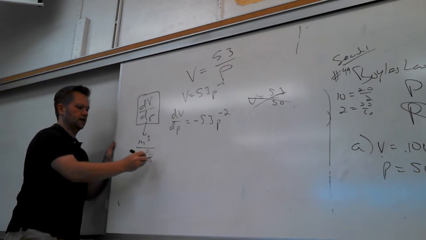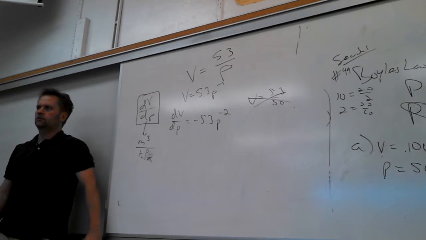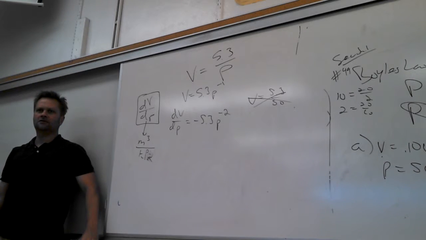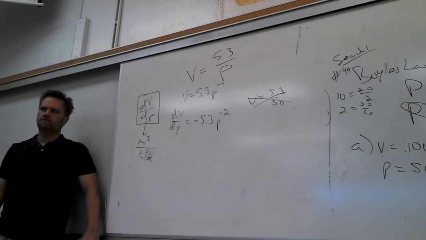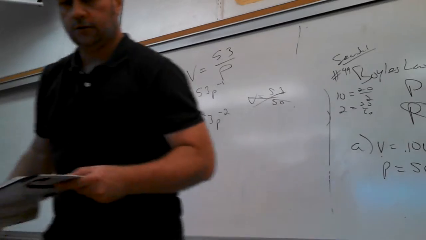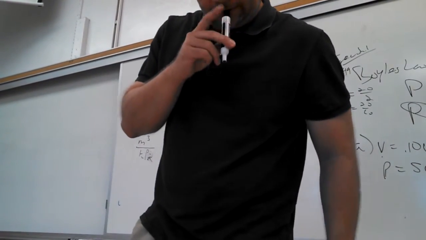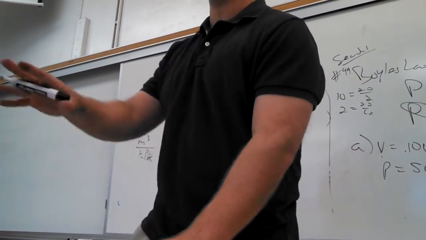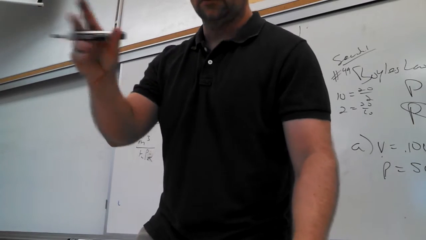I don't know if you know pascals, kilopascals. What's wrong with that? Alright, hopefully that's enough for you guys to finish that one out. It's basically done. Alright, anything else? Alright, good.